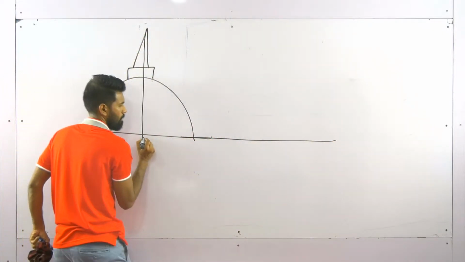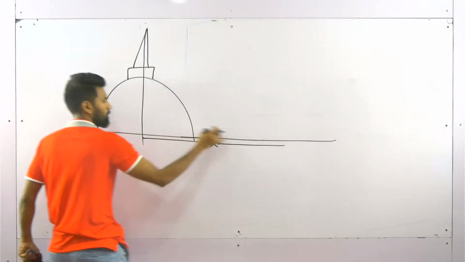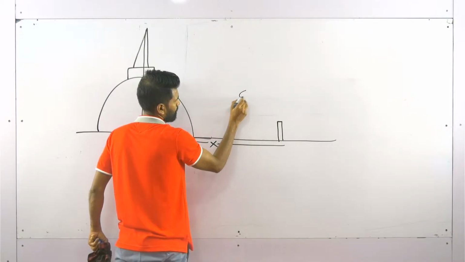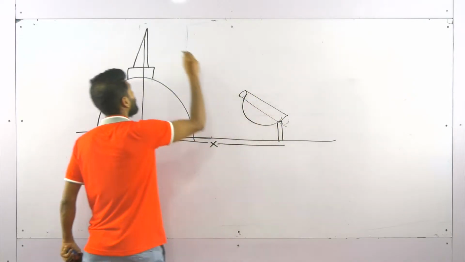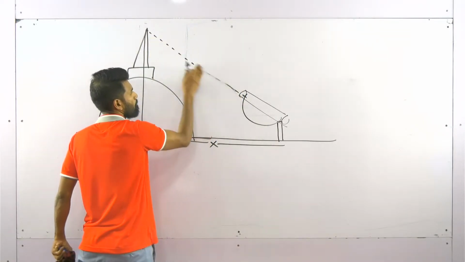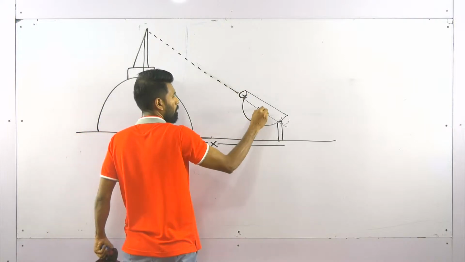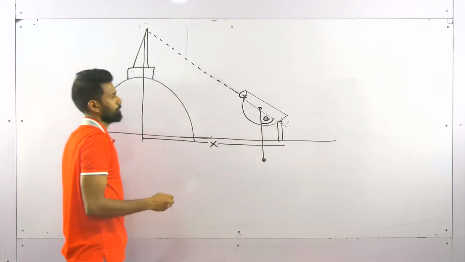At a distance x from the center, initially the inclinometer was positioned, and you are observing the highest point, which created the angle theta here.